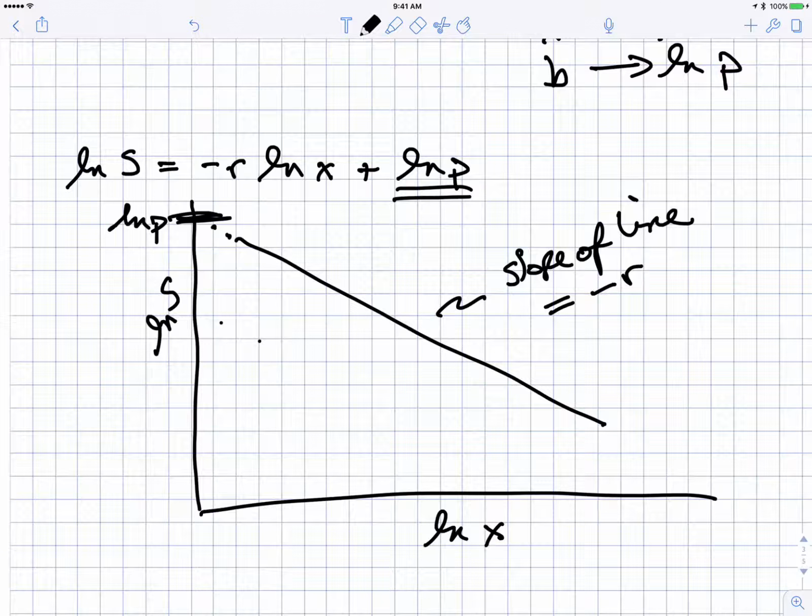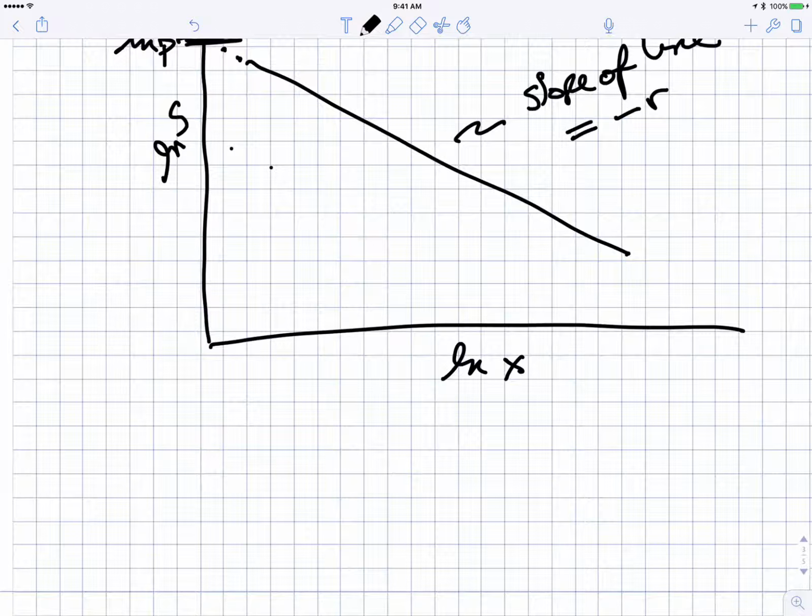And so we now have the equation of a straight line. So all we need to do then is to measure x and s on the volcano itself, take logarithms and make a plot like this, fit a straight line to it, and solve for the intercept and the slope. And then we will be able to use our equation that says that s equals p x to the minus r.